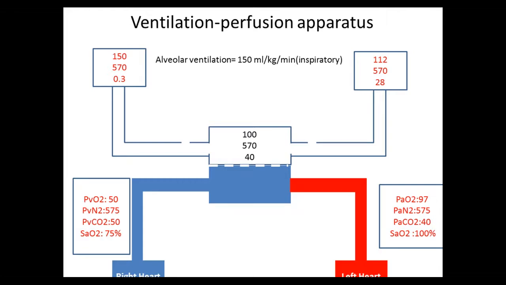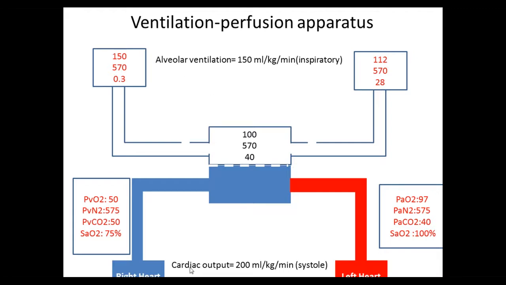If you multiply that by the respiratory rate, which is around 40 per minute, you will get around 200. That is the minute ventilation, but for the alveolar ventilation we consider about 50 ml as dead space ventilation. So for the ventilation perfusion mismatch, we are considering the alveolar ventilation, not the minute ventilation.